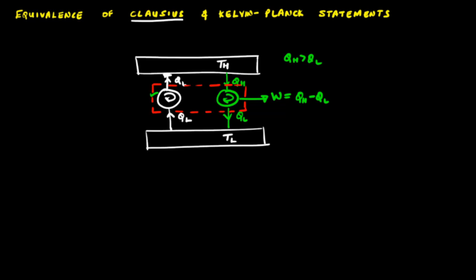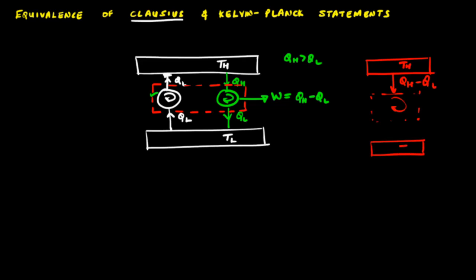The net effect of these two devices on the reservoir at higher temperature is that this combined system operating in a cycle takes in heat QH minus QL from the high temperature reservoir, there is no heat transfer between this combined system of heat engine and refrigerator and the low temperature reservoir, and the net result is a work output which is QH minus QL.